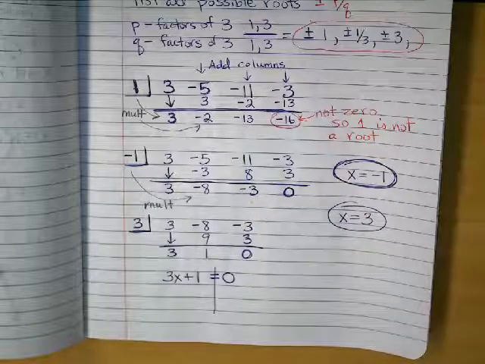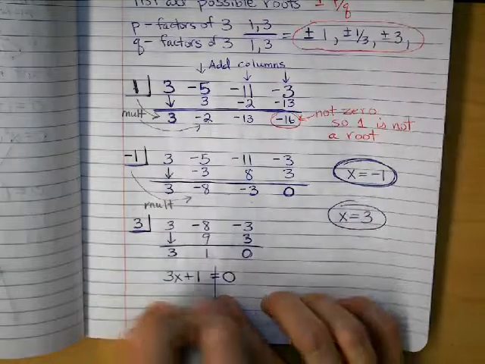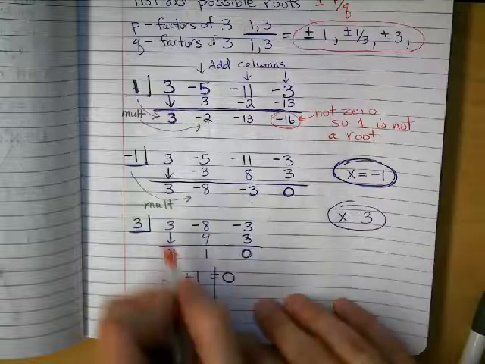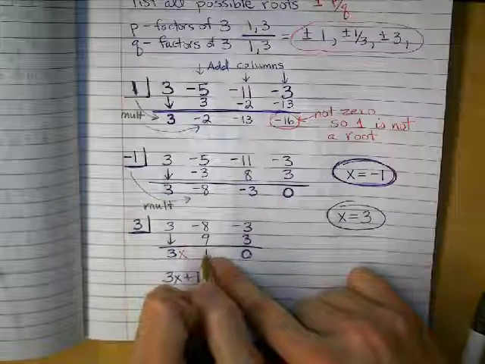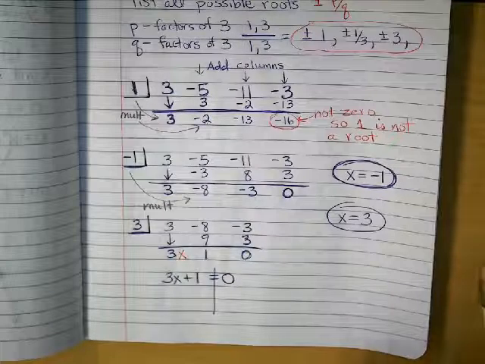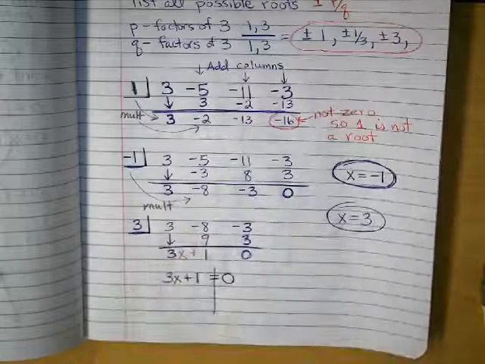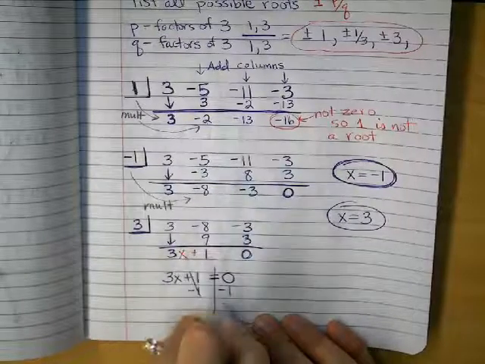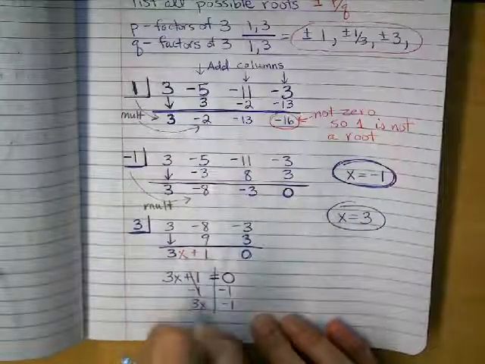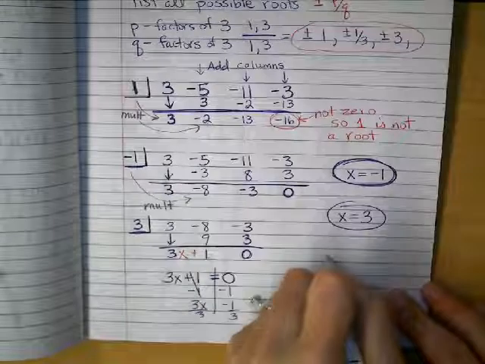But it's kind of easy when you get towards the end that this is just 3x plus 1. So if you just equal that to 0, you get -1 divided by 3, -1/3. See, then the last answer is x equals -1/3.